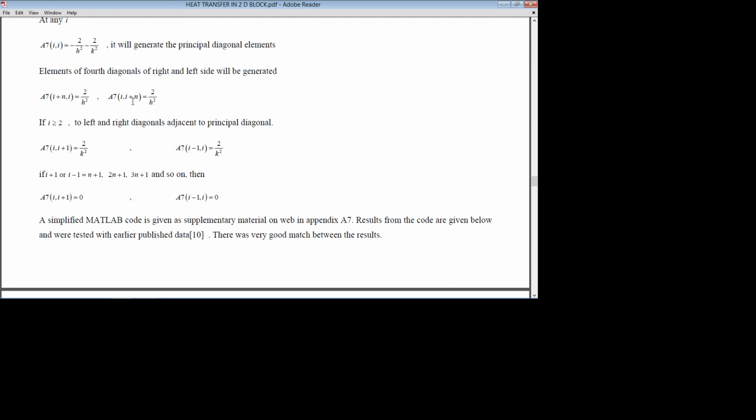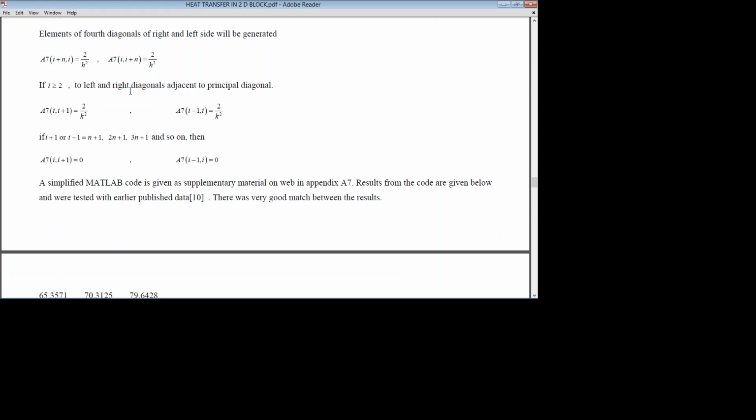This command will generate the fourth diagonal, left and right both. Now the left and right diagonals adjacent to the principal diagonal will be generated by this, by putting a condition here: i is greater than or equal to 2. So it is being generated by this particular format.